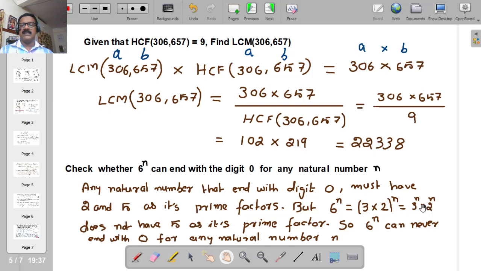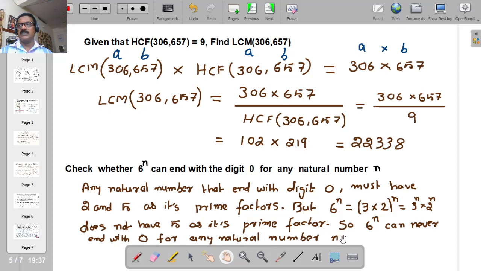But 3 raised to n times 2 raised to n does not have 5 as its prime factor. So 6 raised to n can never end with 0 for any natural number n.